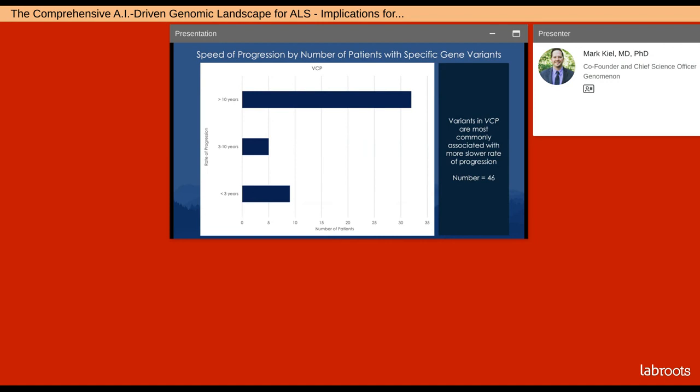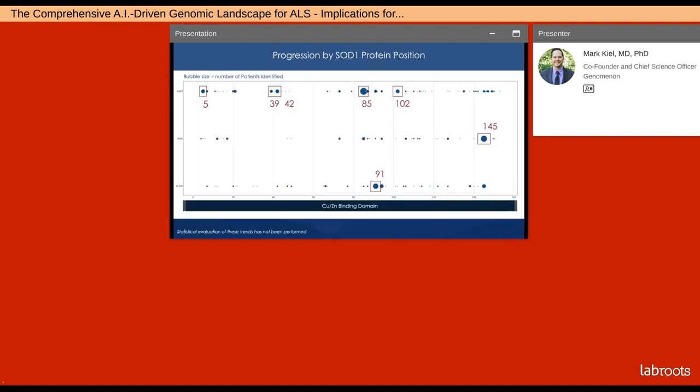And what you can see here is that there is a more indolent course, a slower rate of progression across those 46 patients who have ALS, or who may have inclusion body myositis, which is common in the differential of ALS, and might suggest that there would be benefit in more precise definition of those patients based on genotype of genes associated with ALS to rule in or rule out different diseases in the differential.